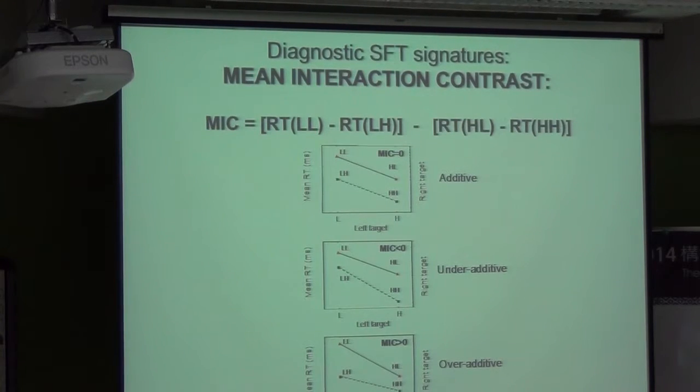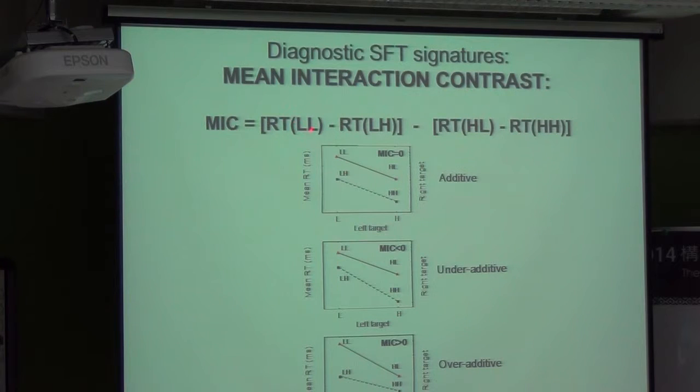As a matter of fact, within the SFT approach, there are two signatures used, and one is called the mean interaction contrast. Here, we didn't talk much about this one. It is also based on the double differences of, this time, reaction times for these experimental conditions. They're pretty much low-low, low-high, high-low. They correspond to different levels of salience. If you remember, we have to have low and high salience of our factors.